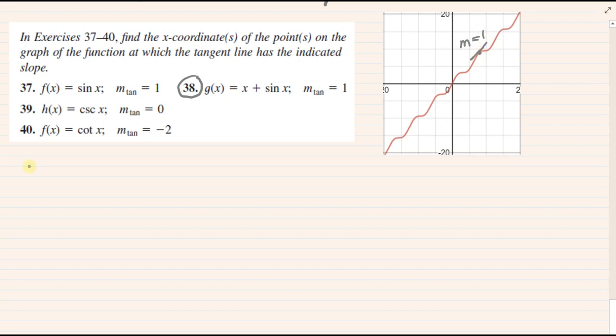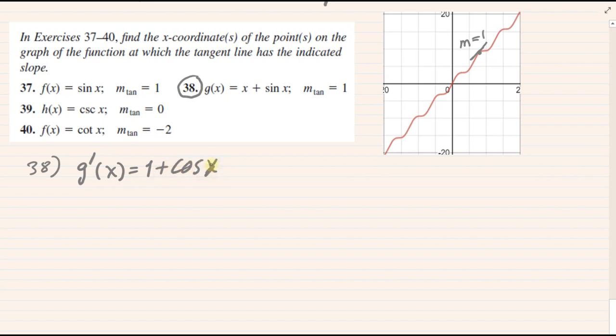So let's find the derivative first in number 38. G prime of x is going to equal, and my pen is acting up again, G prime of x is equal to, derivative of x is 1, derivative of sine x is cosine x, right?